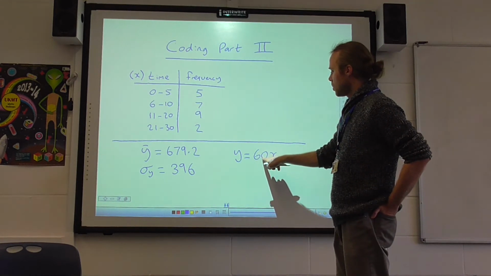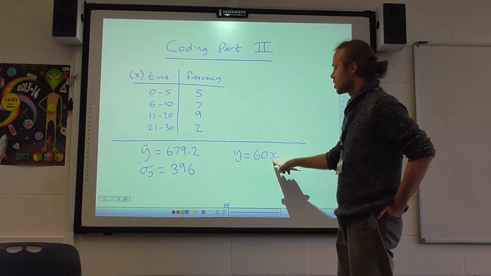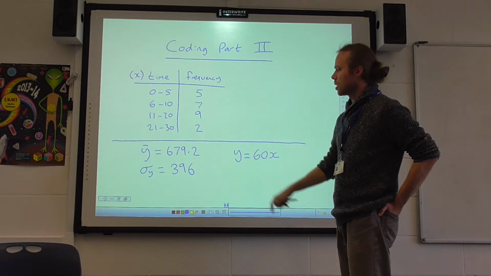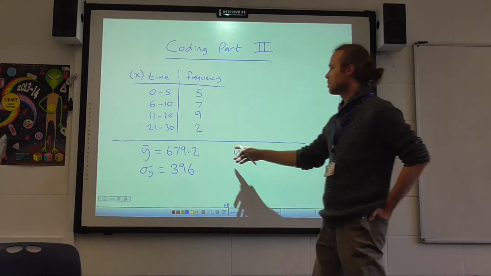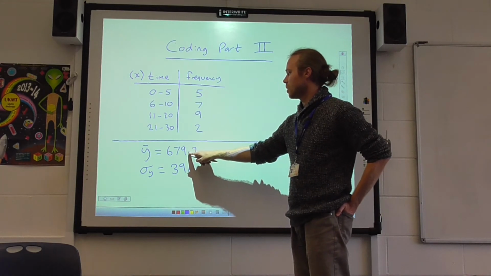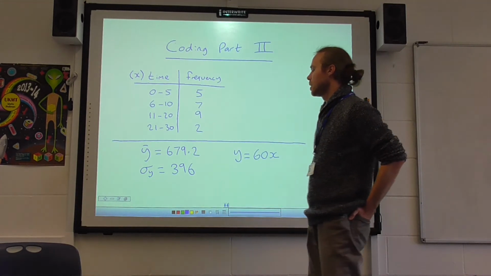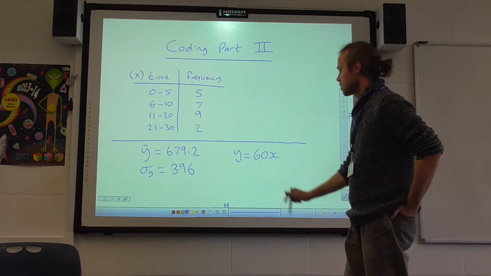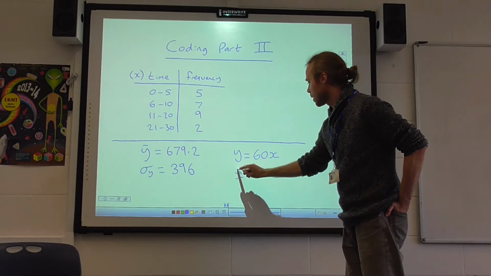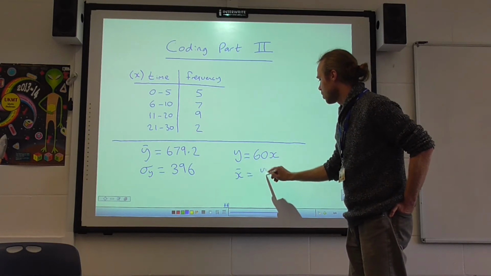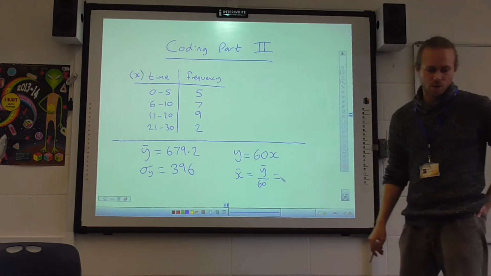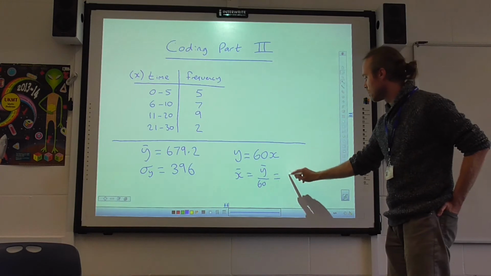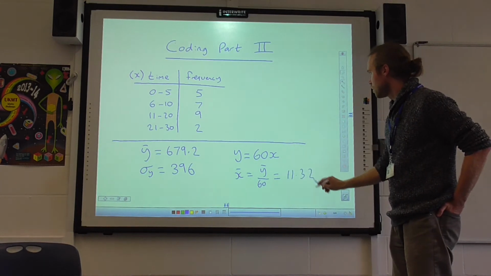So if I've multiplied all of my original numbers by 60 to get a new y data set, I'm going to need to divide this mean of y by 60 to get the mean of x. So if we do that, x bar is going to be y bar divided by 60. And if you do that on your calculator, hopefully you get 11.32.